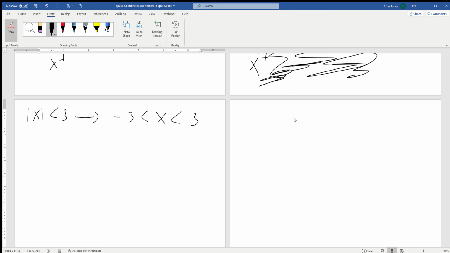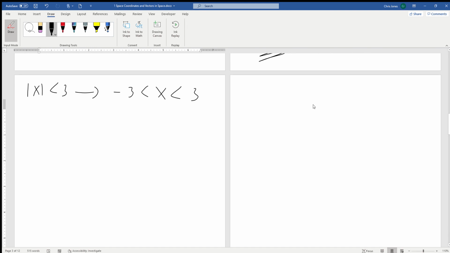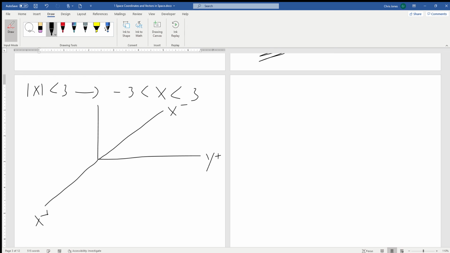To remove an absolute value, you just make it a sandwich if it's a less than towards the absolute. And what we're going to do is plot this, but we have two planes to plot now. So this is x plus, this is x minus, and then we have y plus and z plus, excuse me.